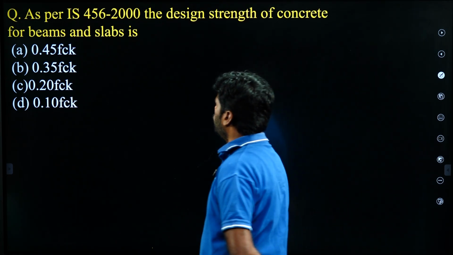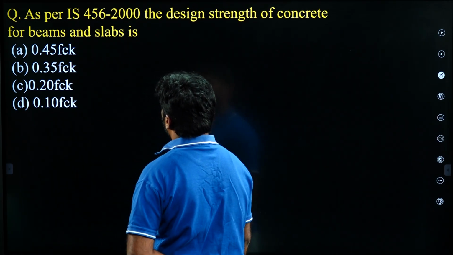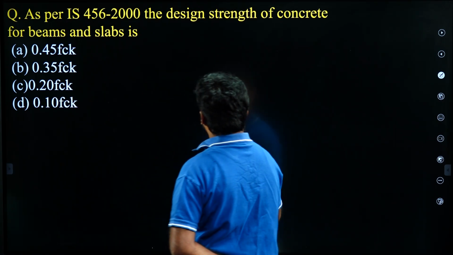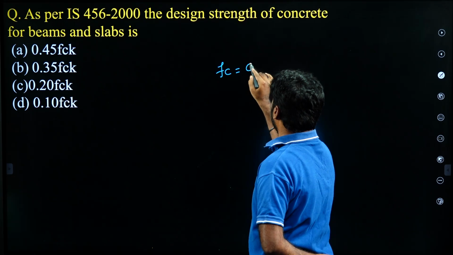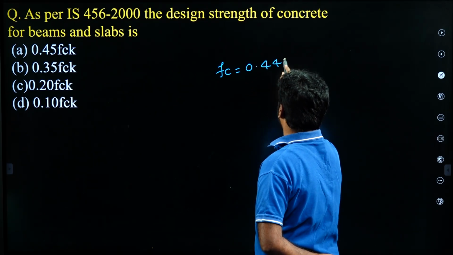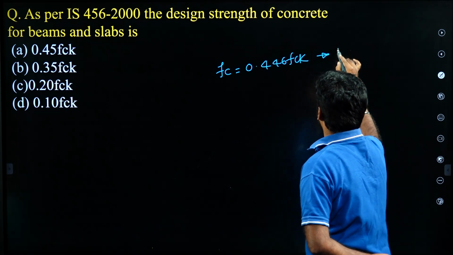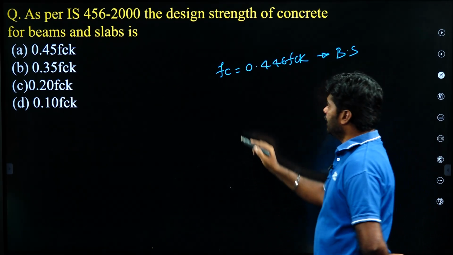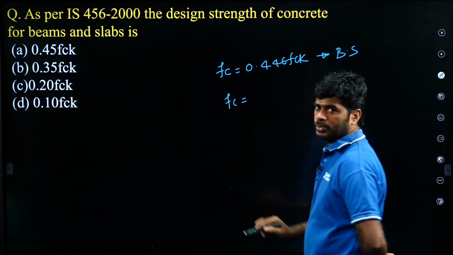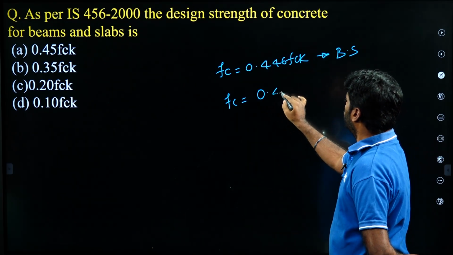As per IS 456-2000, the design strength of concrete for beams and slabs. My dear, design strength of concrete FC is 0.446 FCK. This is a bending strength. Suppose for concrete in columns, it will be 0.4 FCK.